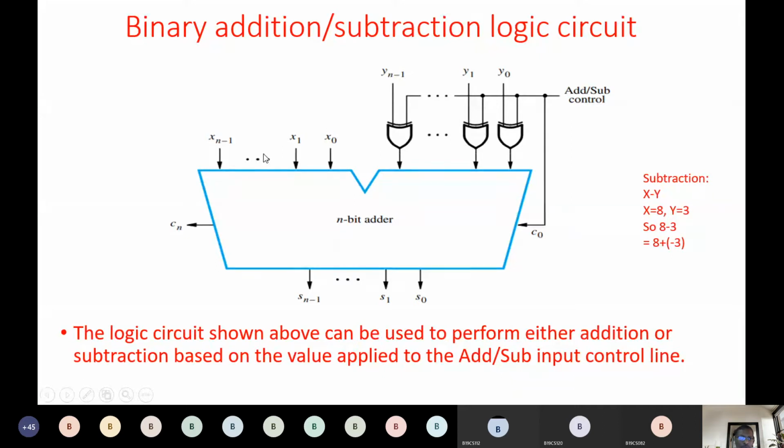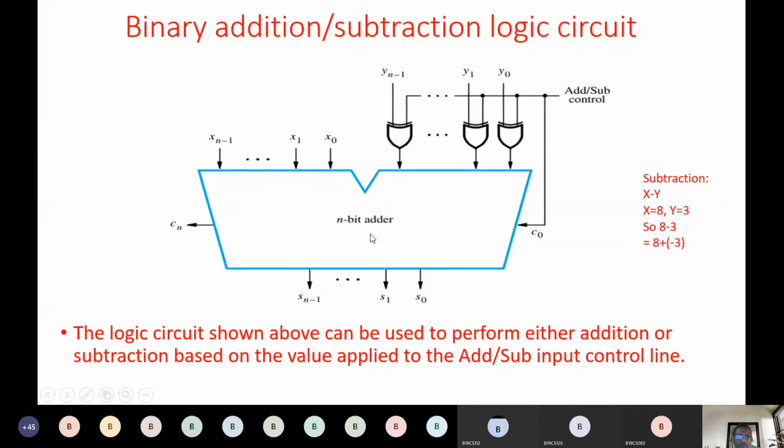We don't have an XOR gate for X, but for Y we have the XOR gates. Why do we have these gates? For addition, we don't need these XOR gates, but for subtraction we need them.